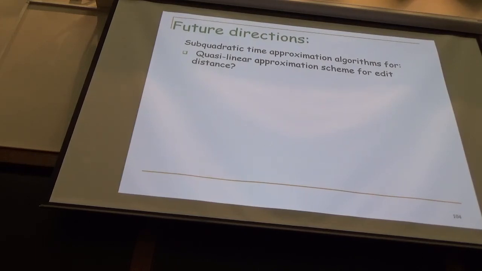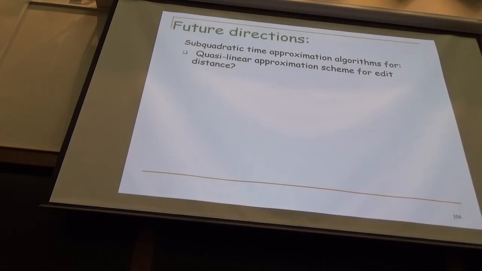Ignore that. That first line is supposed to be accurate. So, the first thing is for edit distance. As far as we know, it could be the case that for any epsilon, I can get a 1 plus epsilon factor approximation that runs better than n to the 1 plus epsilon. Okay, as far as we know that.